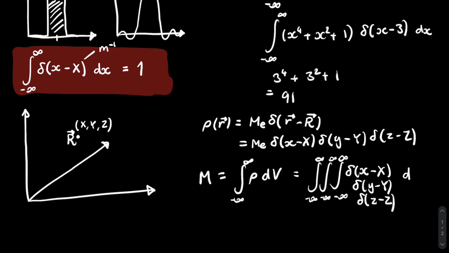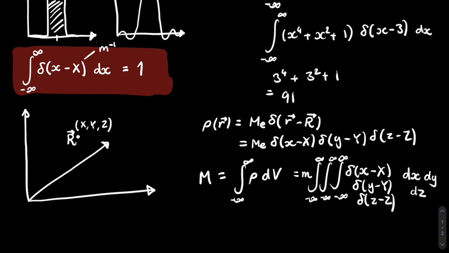And this is going to be integrated over dx, dy, dz, because of course we're in a Cartesian representation, and so the volume integral is simply the product of the 3 1-dimensional elements. So that's what it's going to be.